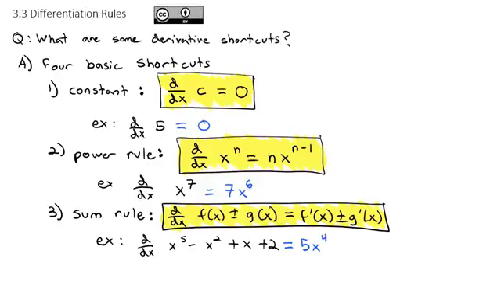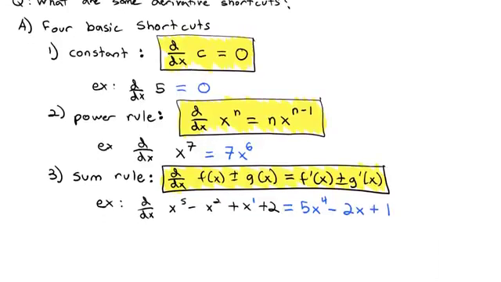So we get 5x to the 4th, minus, bring the 2 out front, subtract 1 from the exponent, we just have x, plus, with x, that's really x to the 1st, so we pull the 1 out front and drop it by 1. So x to the 0 is just 1. And then the derivative of 2, a constant, is just 0. So all that we're left with is 5x to the 4th minus 2x plus 1.